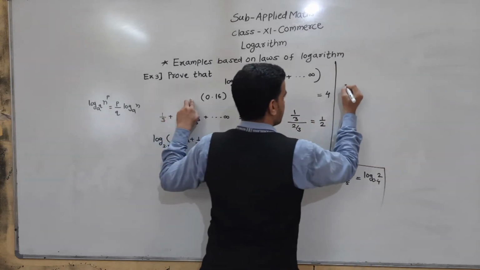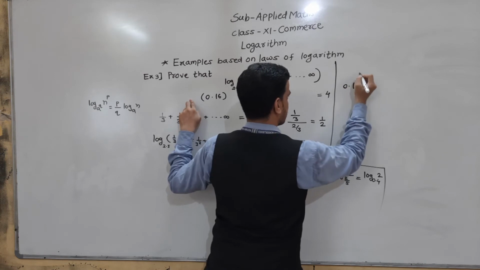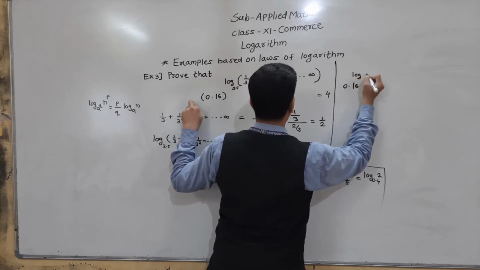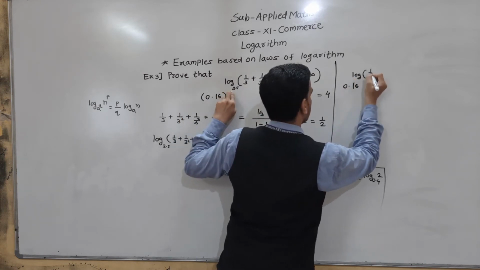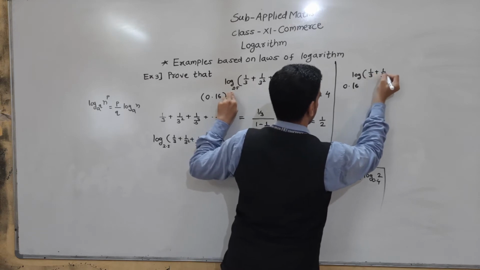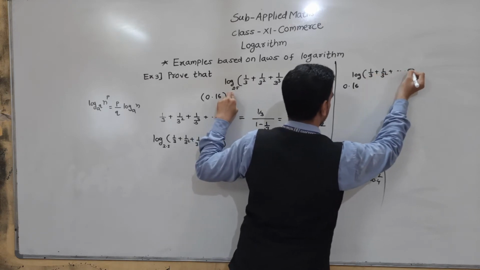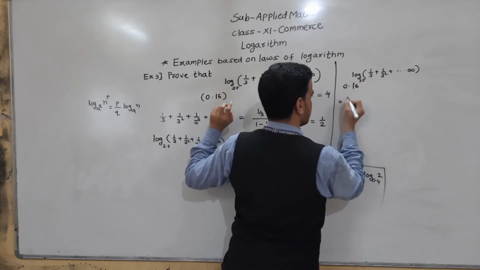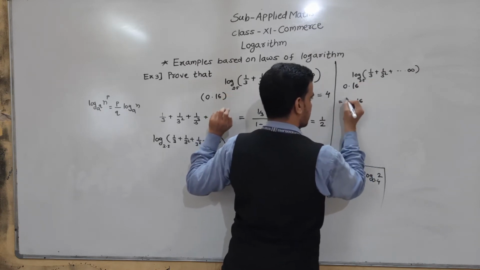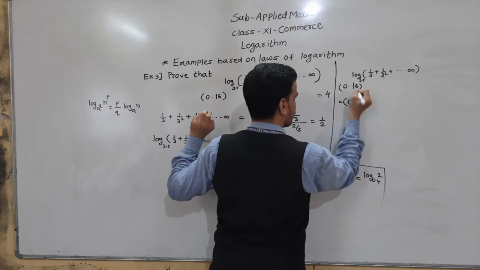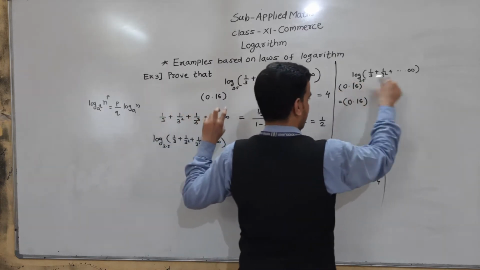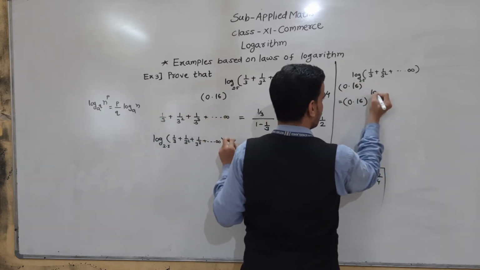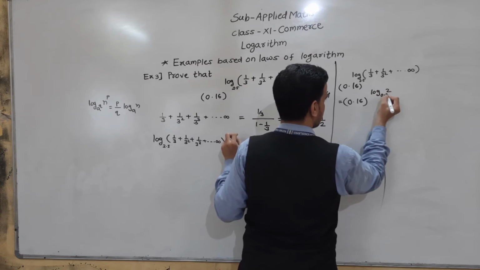Okay, so 0.16 raised to this log of 1 by 3 plus 1 by 3 square up to infinity to the base 2.5 becomes 0.16 raised to this value, that is log 2 to the base 0.4.